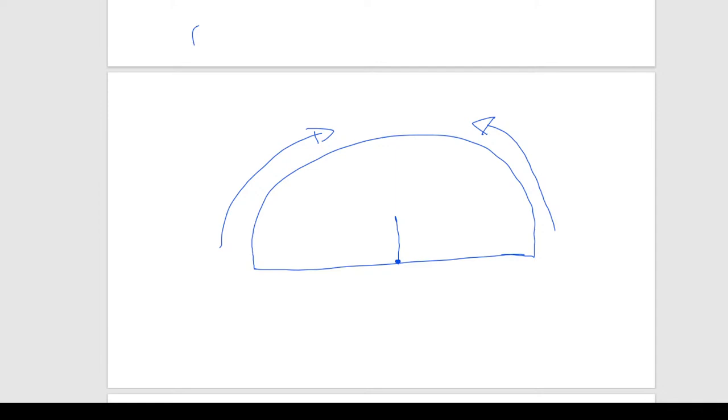I can't find one, but let me just continue here so that you understand better. So this is anti-clockwise. This is clockwise.